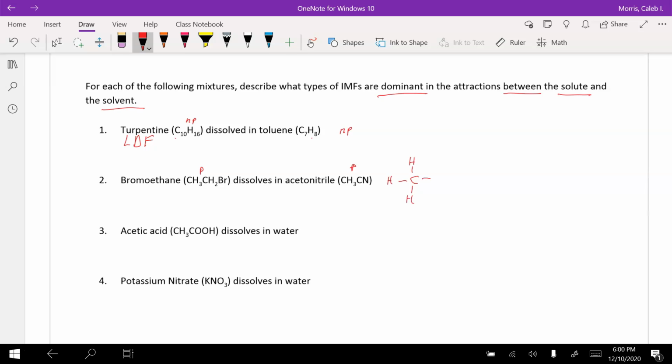And then C, so we got a carbon, and then N, it's probably a triple bond to that. And we could count it up and justify it, but just really quickly, that's the basic structure. There's a pole, but there's no hydrogen bonding that can occur because there's no NH bond. So we have 2 polar molecules. The most dominant attraction that we're going to see is dipole-dipole.